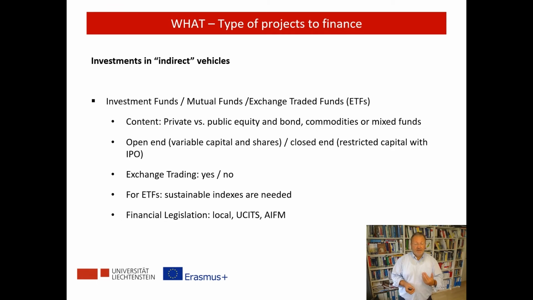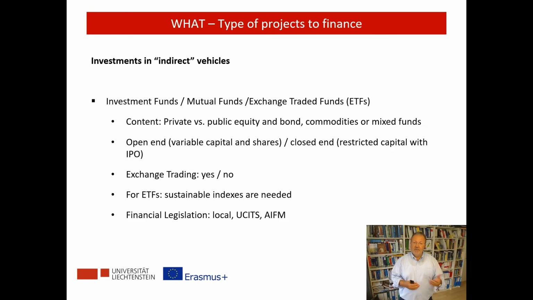Next is investments in indirect vehicles. So here we have investment funds, mutual funds, exchange traded funds, ETFs. Content in which is invested are private or public equities and bonds, then commodities, or it's also possible mixed funds. It's possible open-end or closed-end.